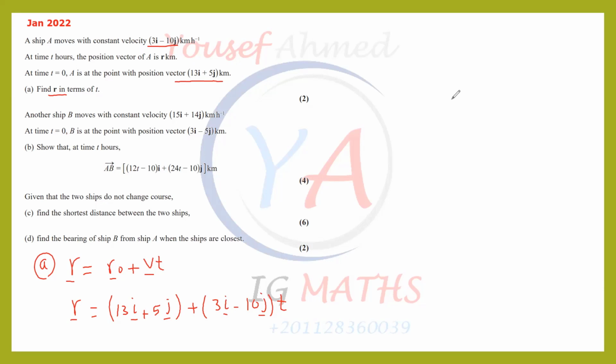So on point B, if the ship A is moving in this direction, for example, and ship B is moving in this direction, we need to get the distance, this is the displacement, and here is ship A, here is ship B. To get the vector AB, you will do, this is for point B, to get the position vector.